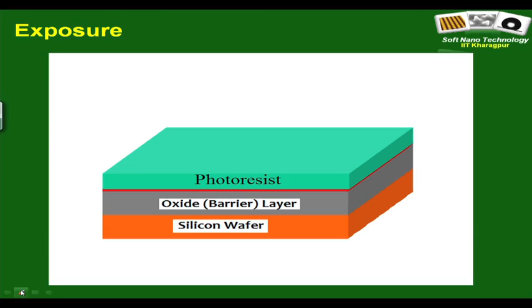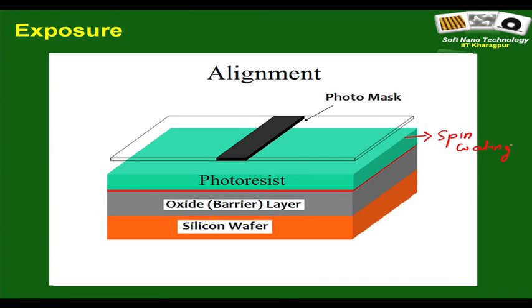There was a small problem with the computer, sorry about it. So, here you can see you started off with the silicon wafer, then you have grown the oxide layer. In fact, this tiny thin red layer is the priming layer. Now, you also understand that. Then you have coated the photoresist by spin coating.